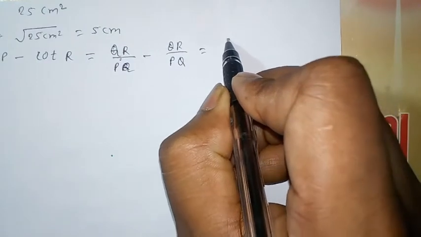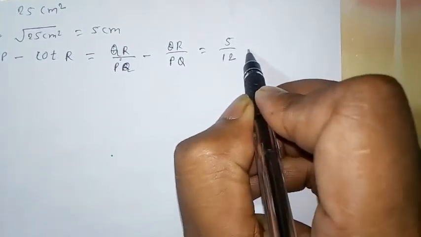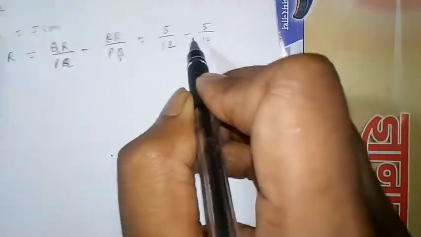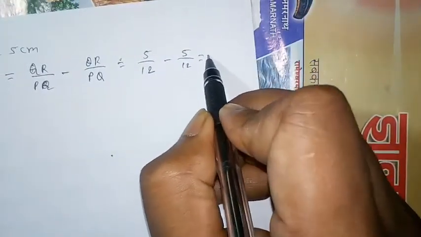Implies 5 by 12 minus 5 by 12. When we subtract, then I get 0 answer.